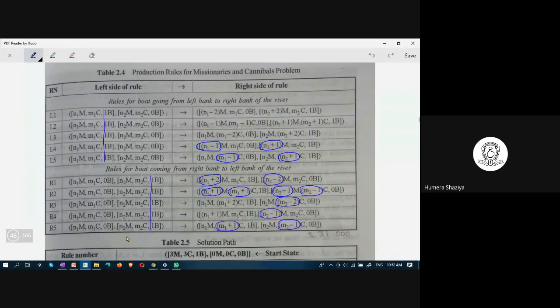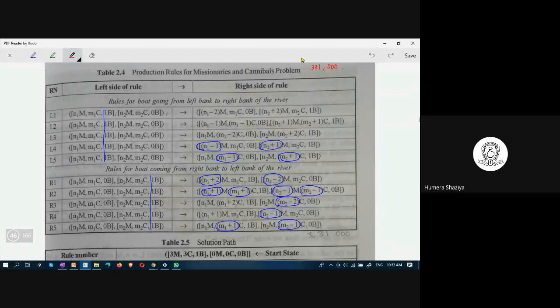Very good. Apply L2. When you apply L2, then what happens? There will be one missionary, one cannibal and one boat on the right side of the river. Very good. The actual start state is 3, 3, 1, comma 0, 0, 0.